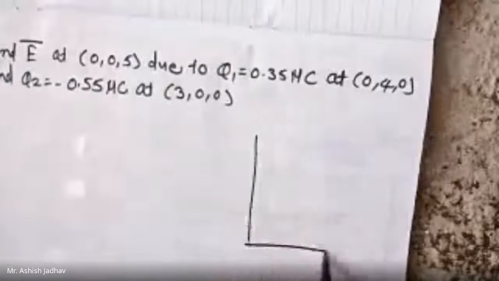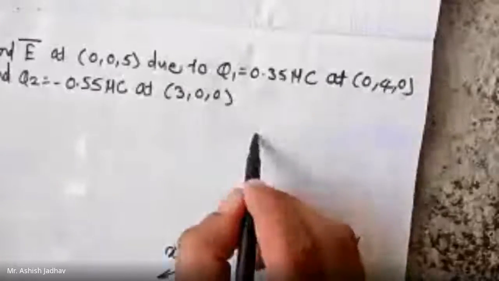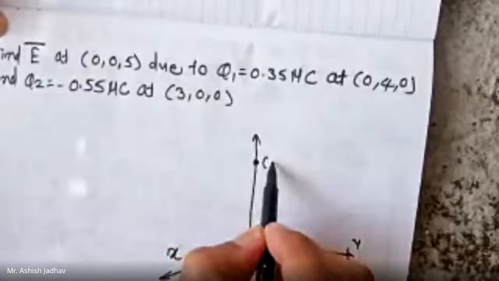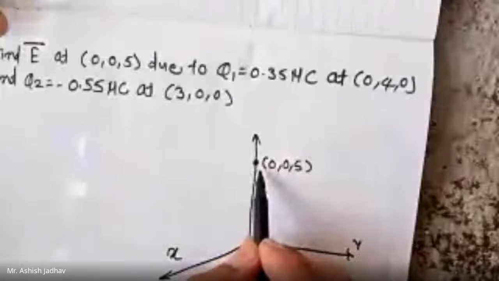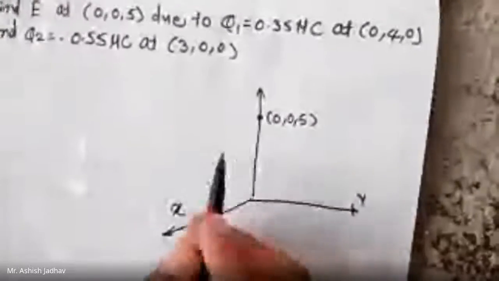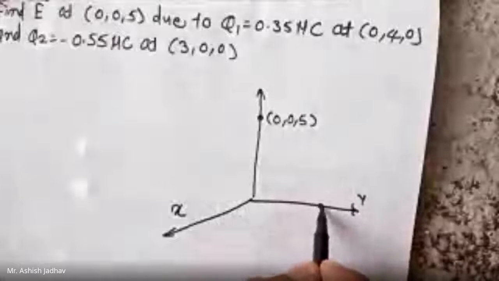I'll show you the diagram. So from this you can draw XYZ. On XYZ, you want to find the electric field intensity at 0, 0, 5. So at this point you need to calculate the electric field intensity. You have Q1 at somewhere here.